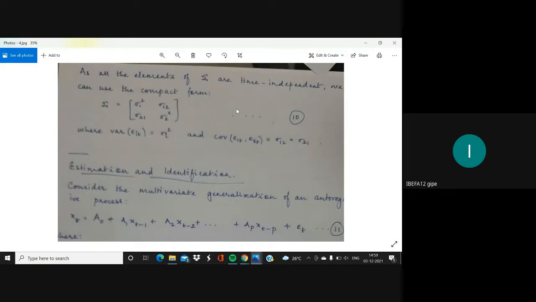Now you will find, if you look at the elements of sigma, that when we derived the variance of E1t, it was time independent. Okay, it did not depend on time at all. So we can denote this matrix itself, sigma, in a more compact form this way. Okay. So this simply denotes the variance of E1t, this denotes the variance of E2t, and this is the covariance between E1t and E2t. Okay. These two will be equal to each other, sigma 1, 2 and sigma 2, 1.